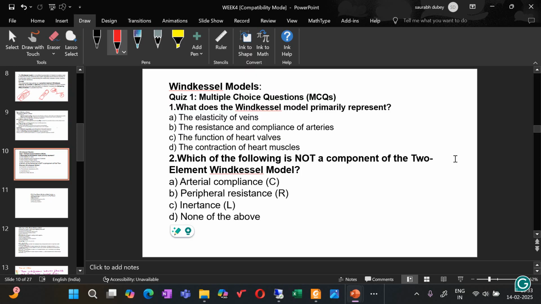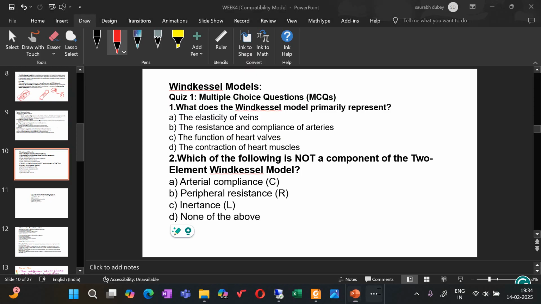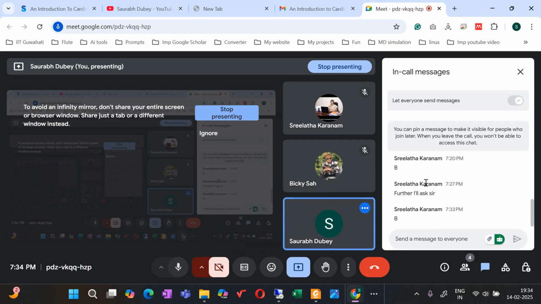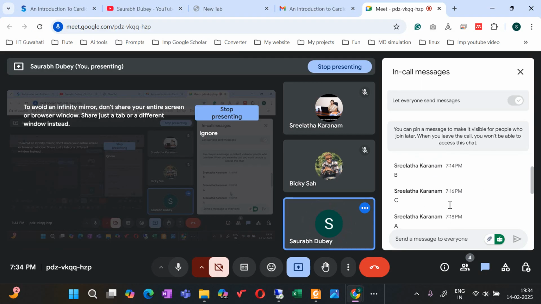If you think, the elasticity of the veins, the resistance and the compliance of arteries, the function of heart valves, and the contraction of the heart muscles. If you have attempted, further I will ask. Okay, thank you.